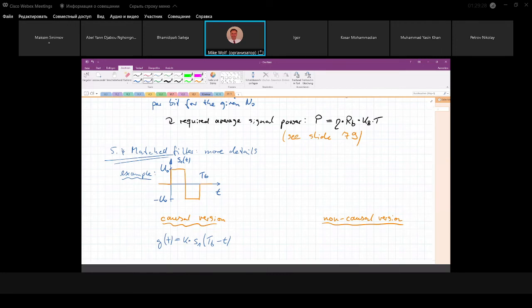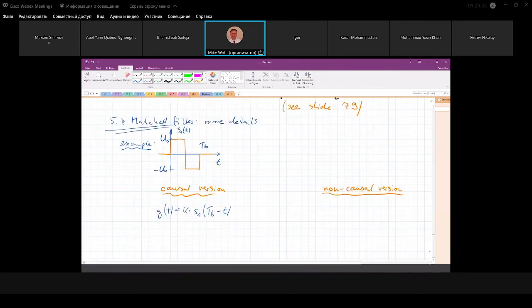Say this is just a real-valued constant k, where k is larger than 0. It's a real-valued positive constant.